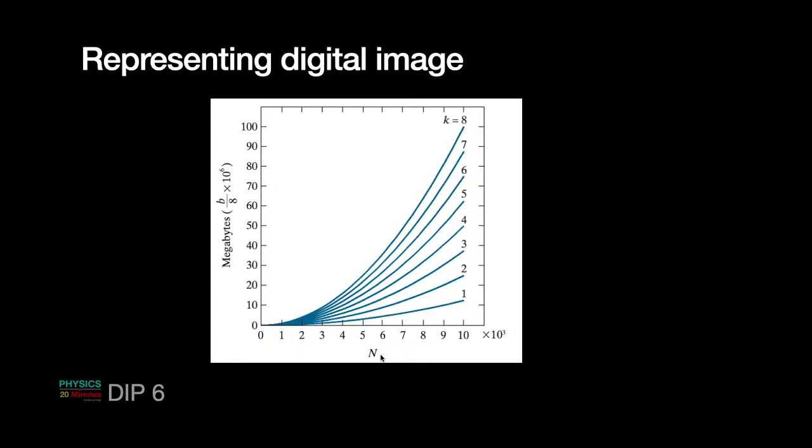So memory requirement is an ever increasing phenomenon. You can always increase N and K and say that the image looks better, and therefore that graph is important. That is how it has increased over the years.